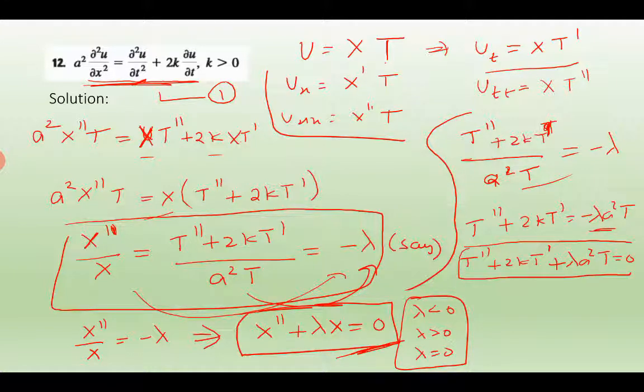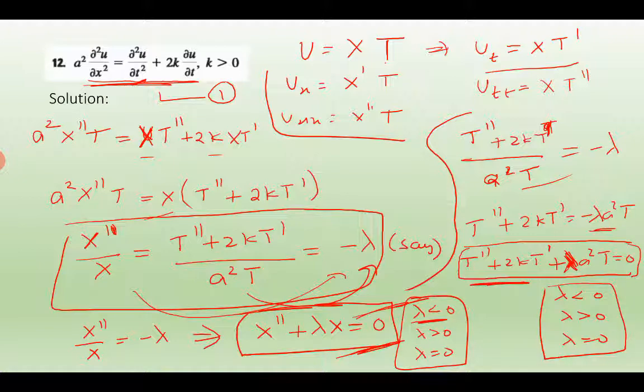This is a second order differential equation in t. Again the parameter is lambda. This can be rearranged to a Sturm-Liouville problem. Here again we want this lambda to be analyzed for negative, positive and 0. So simultaneously, when lambda is negative, we will analyze this problem and this problem, find their solutions and write one solution for lambda negative, similarly for lambda positive and 0.